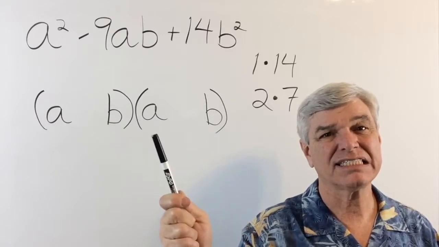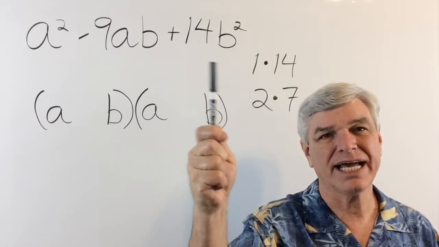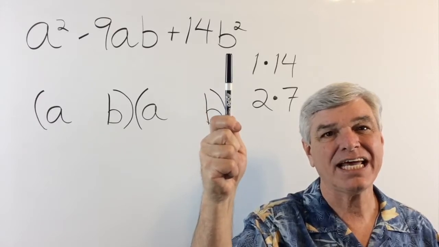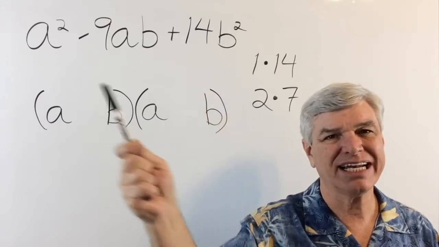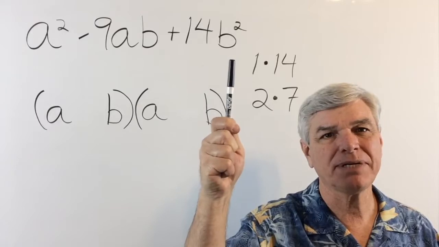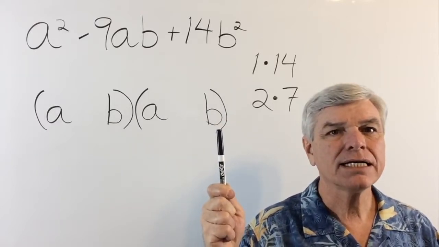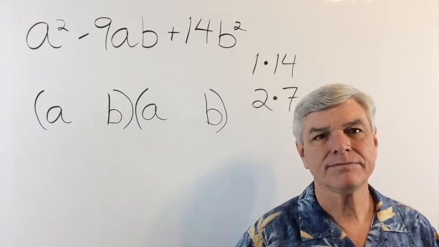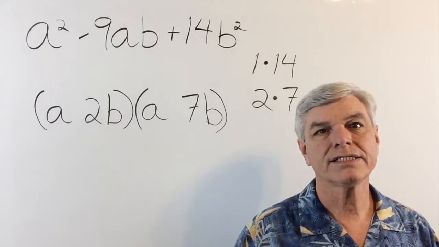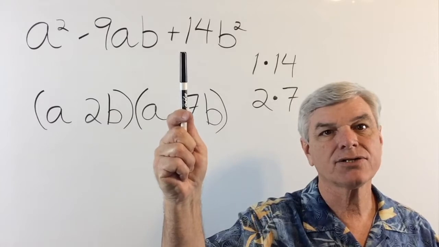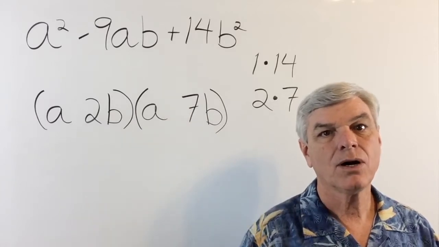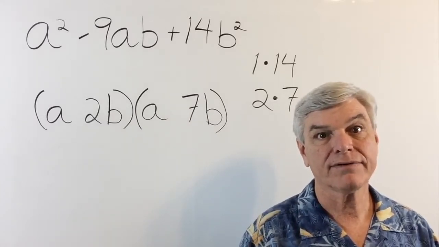Okay, not against the a, but against the b, because we're going to end up with 14b squared. Okay, not a squared, 14b squared. So we're going to have 2b times 7b. And it is positive 14, so they're both going to be positive, or they're going to both be negative.